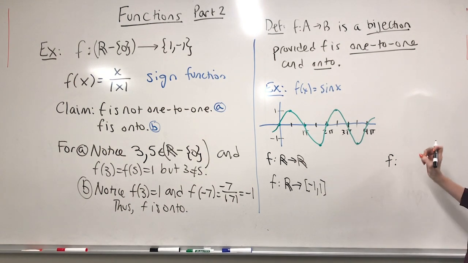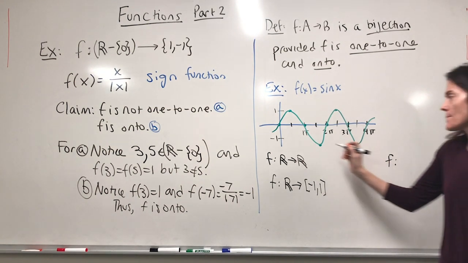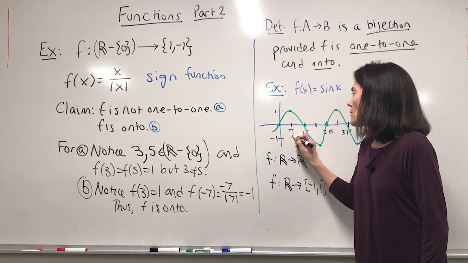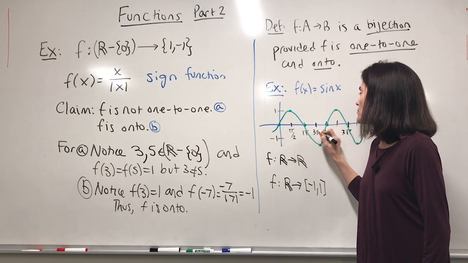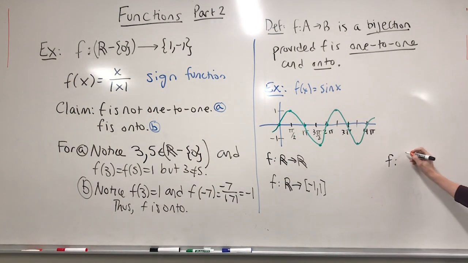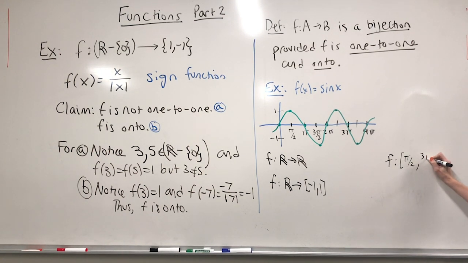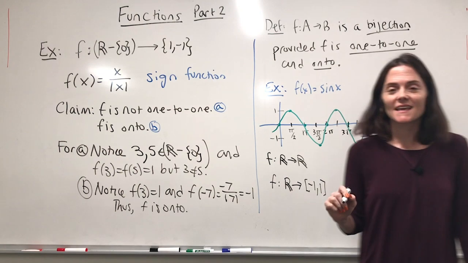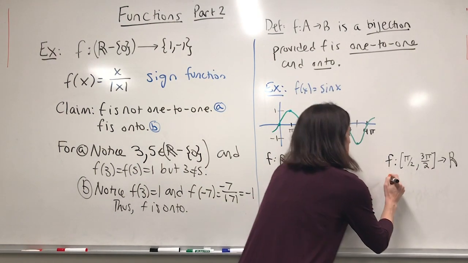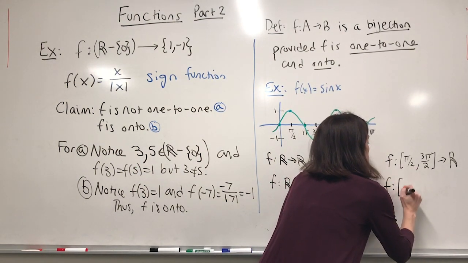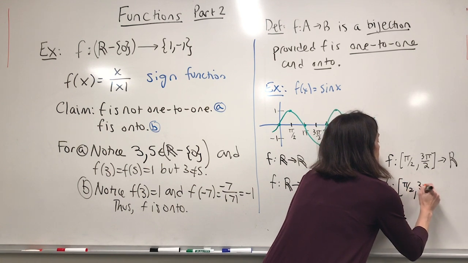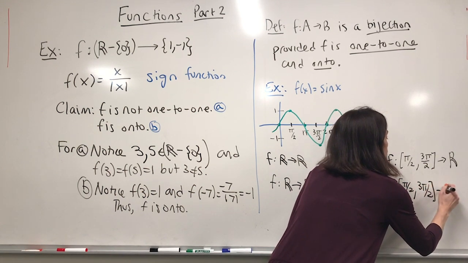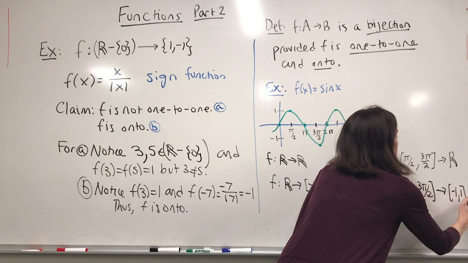Now let's think about if we restrict the domain to, say, pi over 2 to 3 pi over 2, to R, and then finally I will restrict both. I will consider this as pi over 2 to 3 pi over 2 to minus 1, 1.